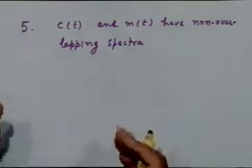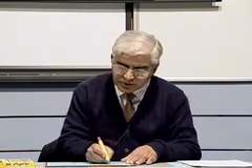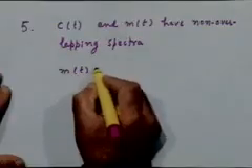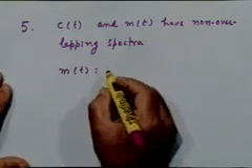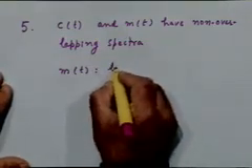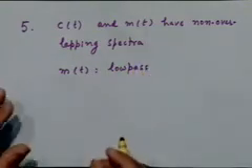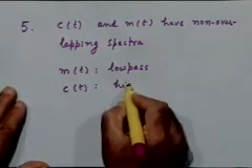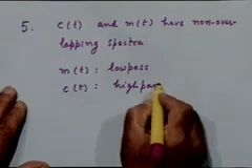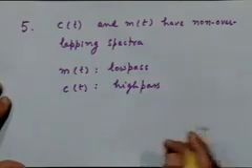Since obviously if they are non-overlapping, one of them will contain lower frequency components, the other will contain higher frequency components, right? So without loss of generality, let m(t) be the low pass function, which means its spectrum occupies the lower frequency components, and c(t) is high pass in that sense, right? It could be the other way around, but we have just decided to do this.